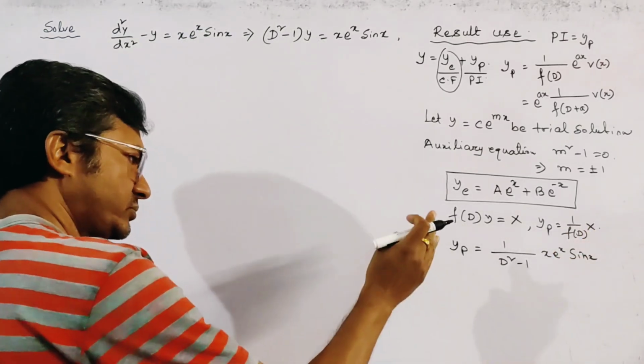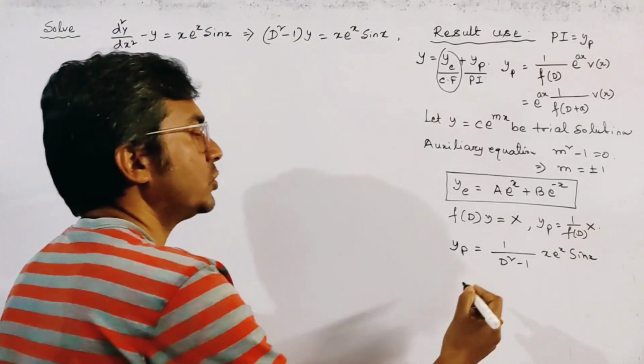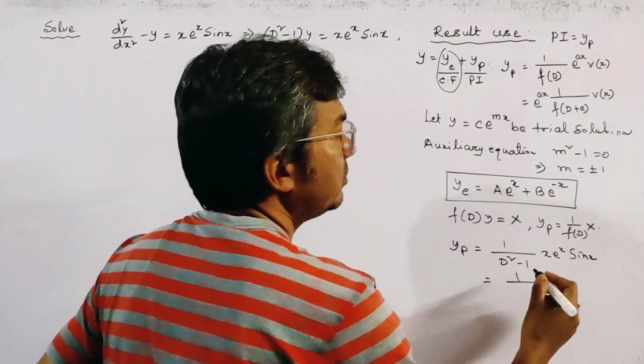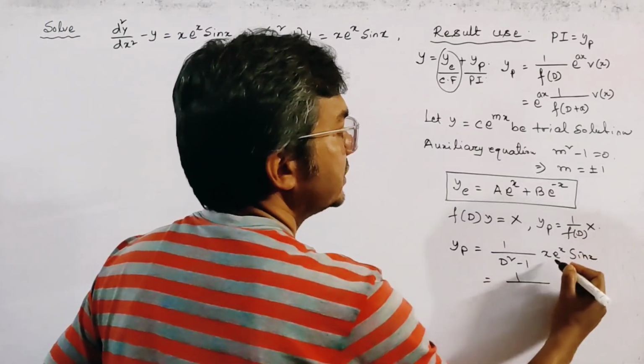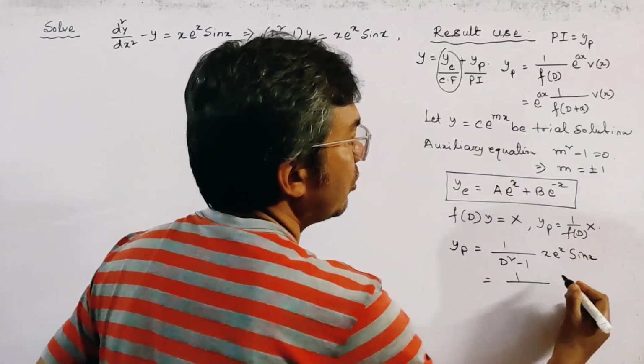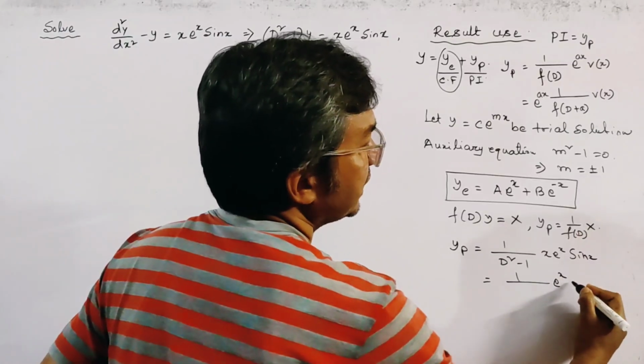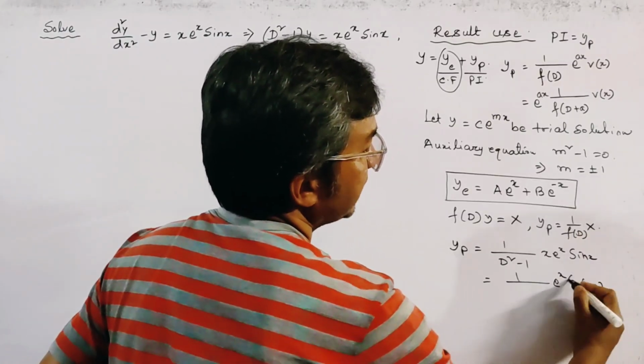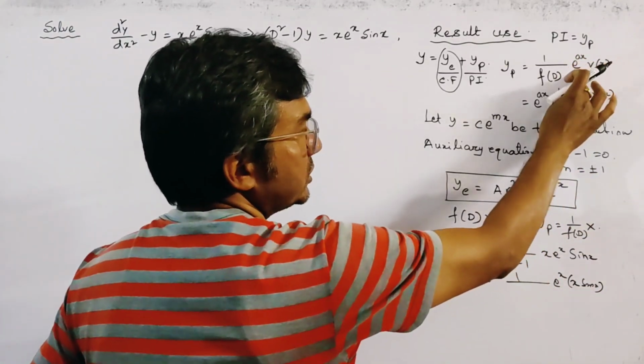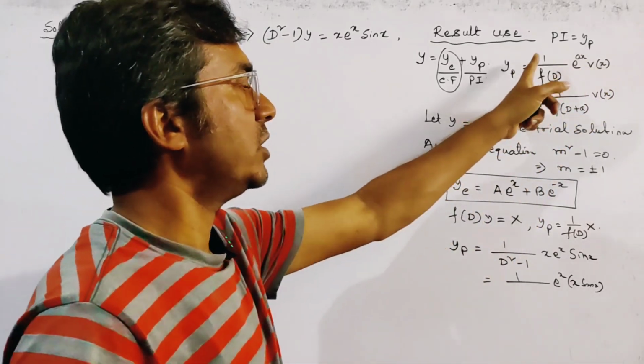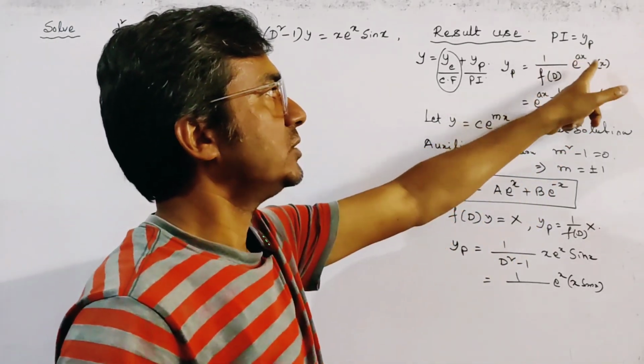Now we use the rule to find the particular integral if X, the function of x, is of the form e to the power x into x sin x. That is, yp is 1 by f of D e to the power ax into V of x.